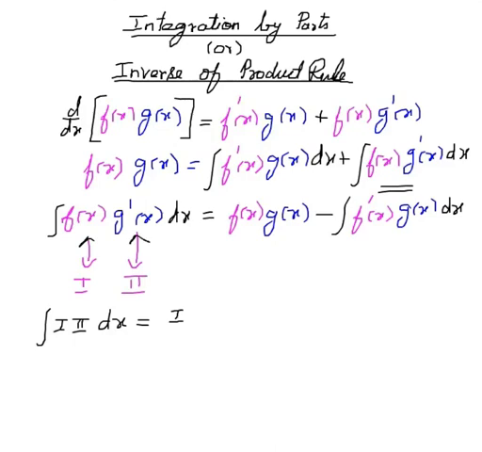Therefore, the right hand side becomes first function into, here we have g of x, which is integral of the second function. Second function is g dashed of x. So, g of x will be integral of the second function minus integral differential of the first function, which is f dashed, and g of x is integral of the second function. This is how we get integration by parts formula.